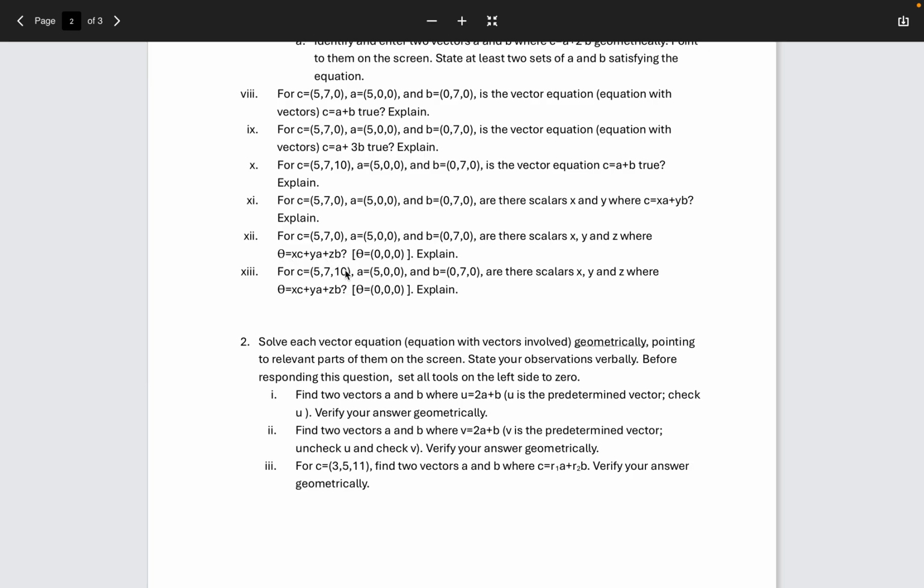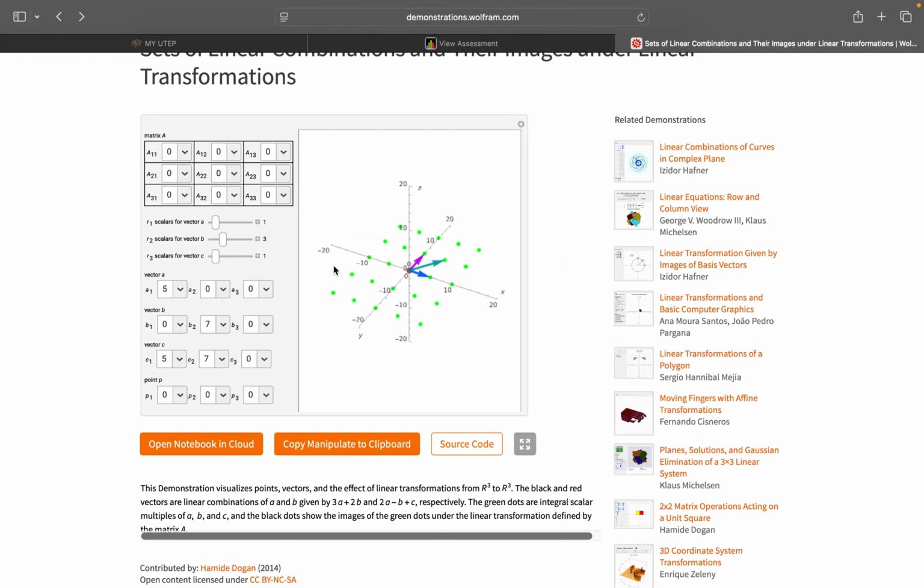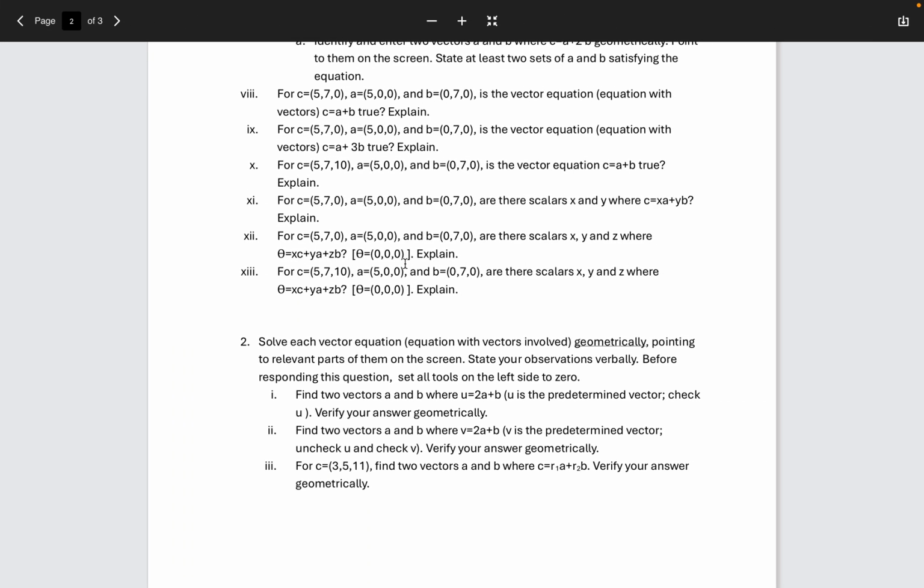So the scalar is equal to 0. That would be the only way. So all scalars equal to 0. Then this way you would end up just at 0. That would be the only solution. If you have any other numbers aside from 0, you wouldn't be able to subtract them, add them. You would end up with another vector.